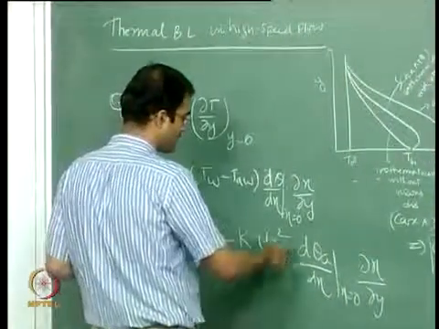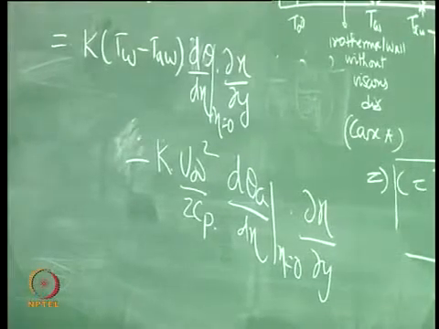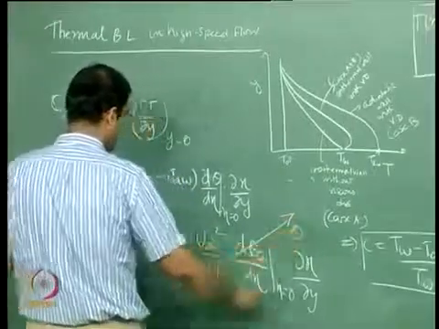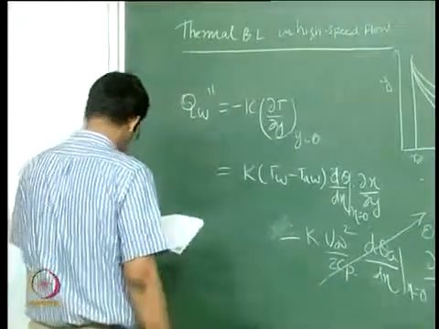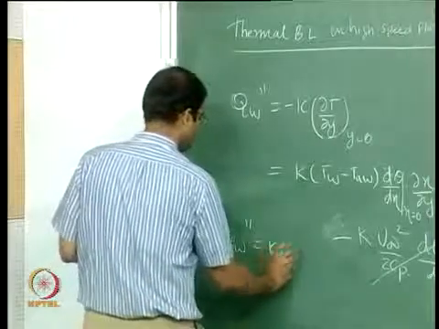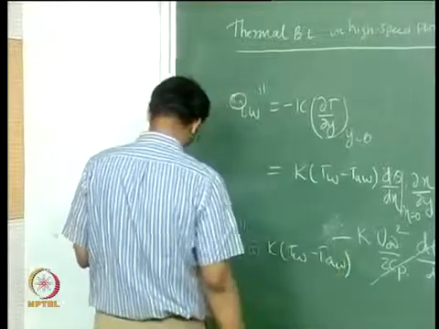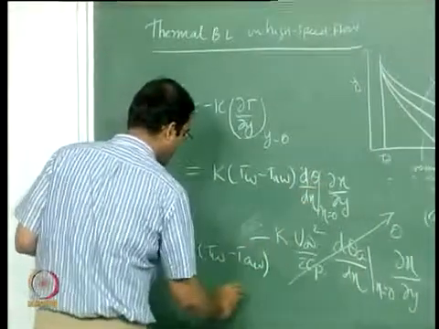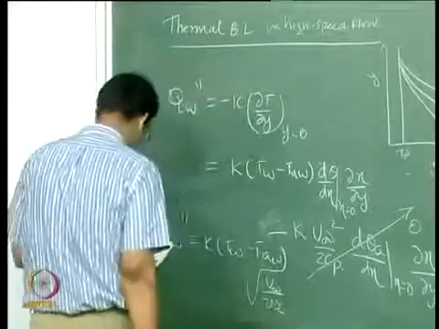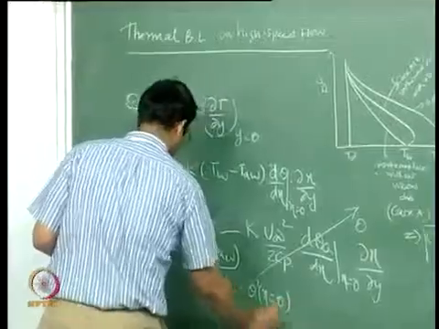Now what is the value of d theta a by d eta at eta equal to 0? So this entire term can be knocked off, and this can be written as q wall into d eta by dy, which is square root of U infinity by mu x, okay, into theta prime at eta equal to 0.